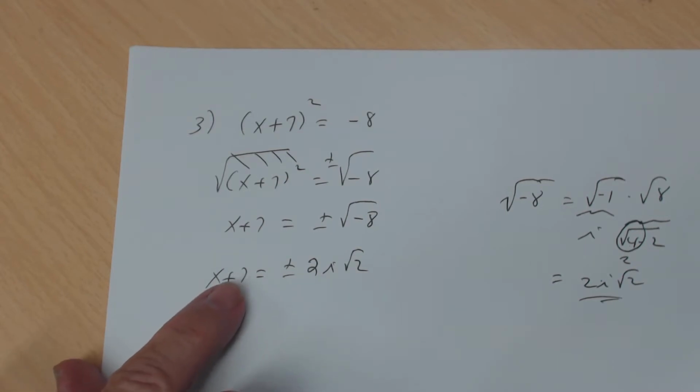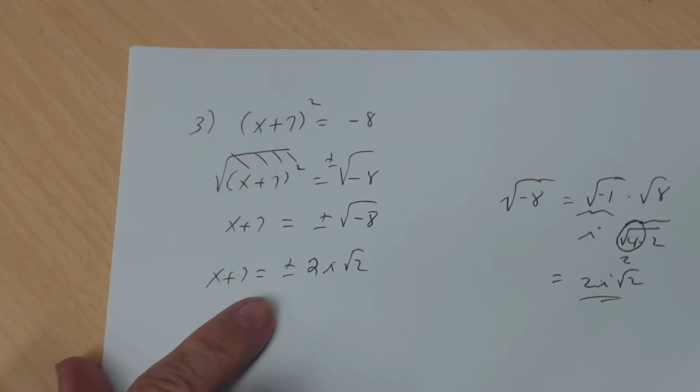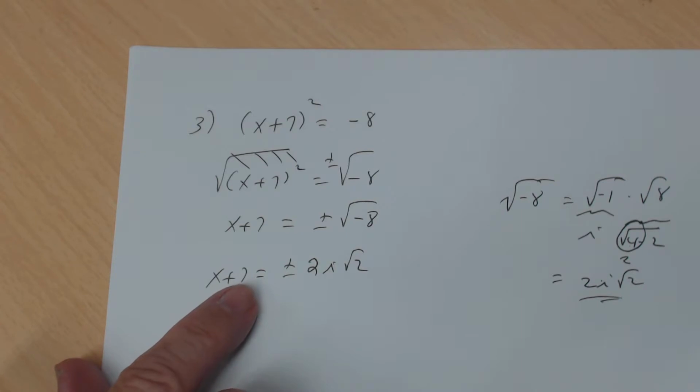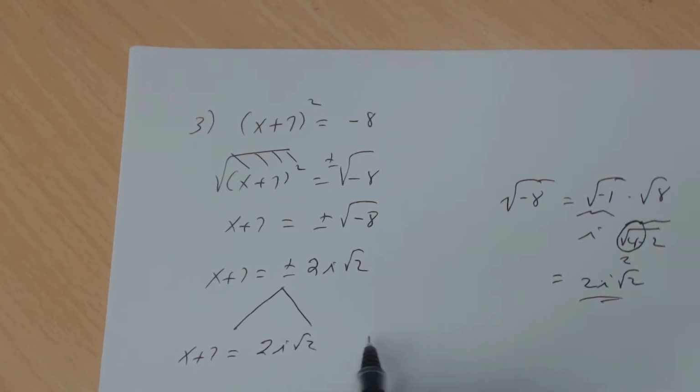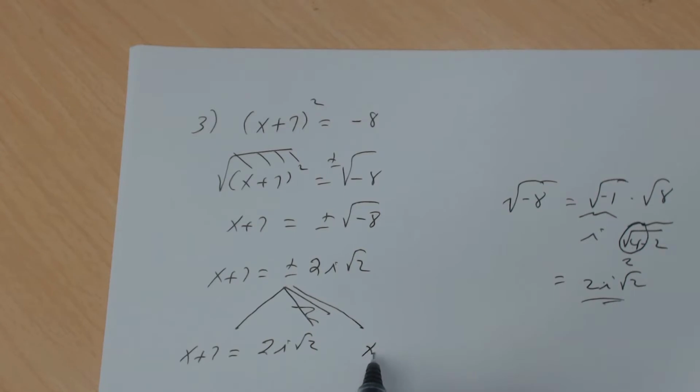So now there could be two ways in which you can write this, and I'll show you how to do that. Here you can do just like you did before. It does not matter. So you can say x plus 7 equal 2i square root of 2. And you can say x plus 7 equal negative 2i square root of 2.